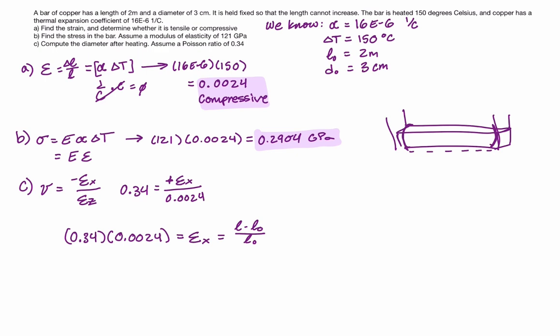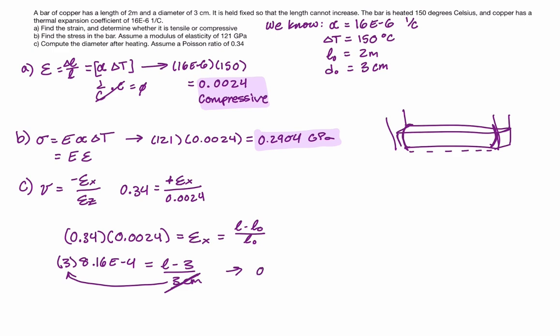So we have, again, 0.34 times 0.0024, which is going to be 8.16 times 10 to the negative fourth, is equal to L minus 3 centimeters over 3 centimeters. Okay? And so if we multiply our 3 centimeters over, cross that guy out, we can just go ahead and add the 3 to there, right?